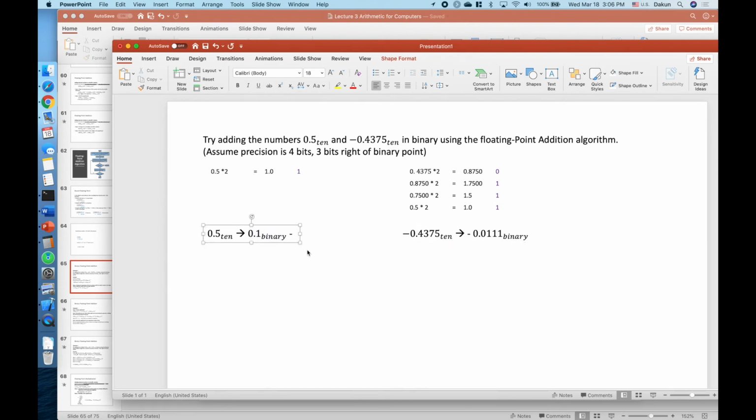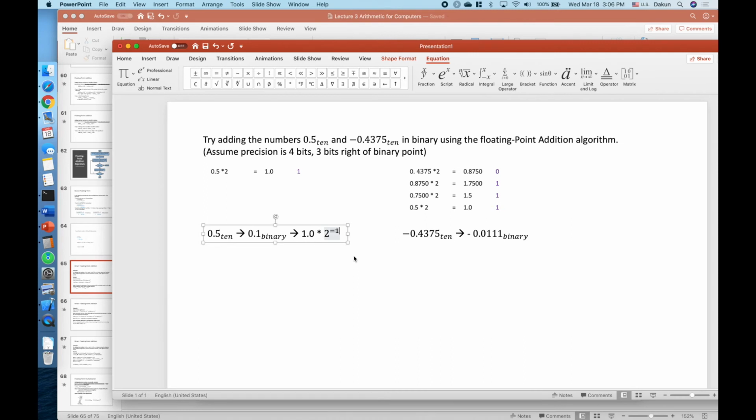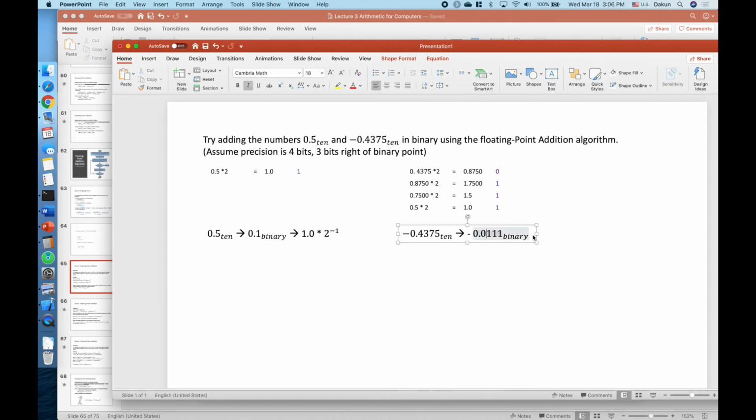0.1 is changed to 1.0 times 2 to the power of negative 1. And the second binary number can be translated to 1.11 times 2 to the power of negative 2.